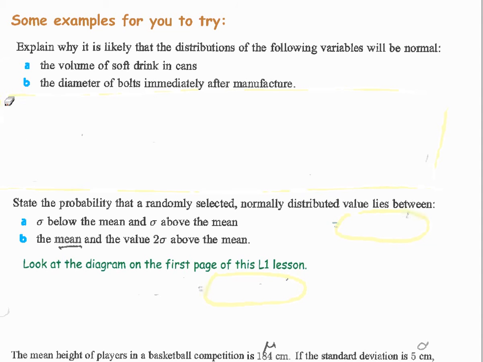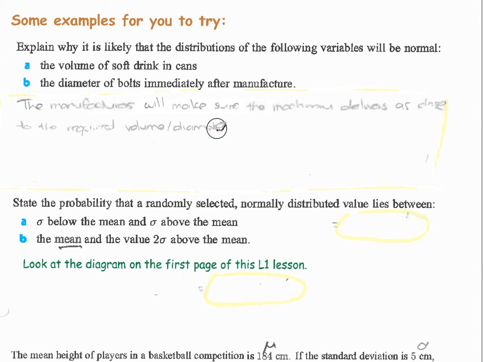What I've said is the manufacturer will make sure the machinery delivers as close to the required volume or diameter, depending on question A or B, which is the mean, as possible.